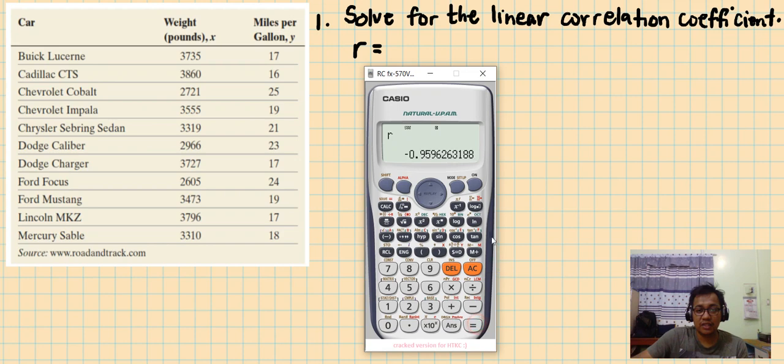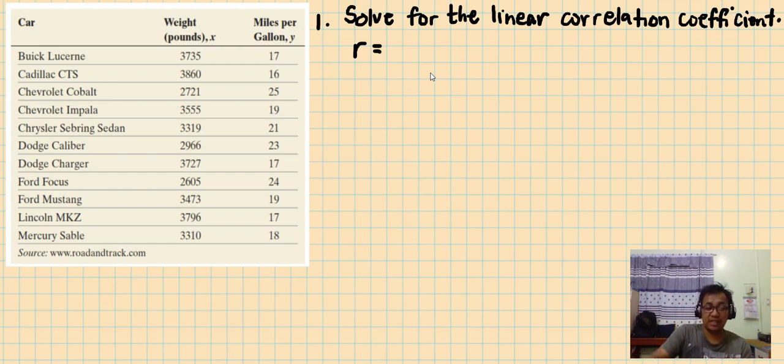So, that is the value of R, negative 0.9596. Okay? Negative 0.9596.